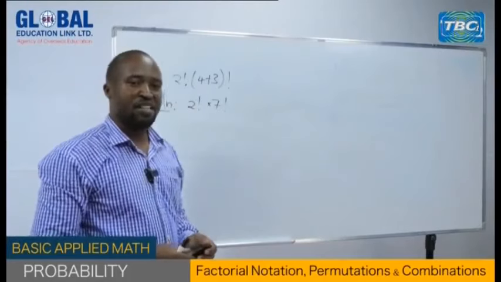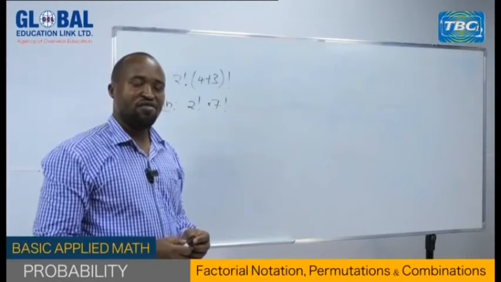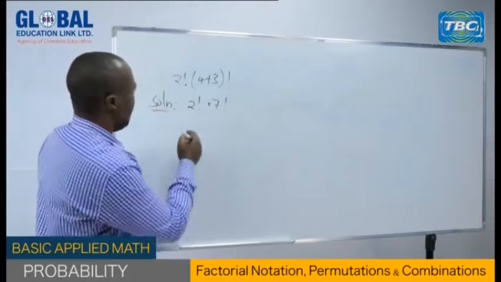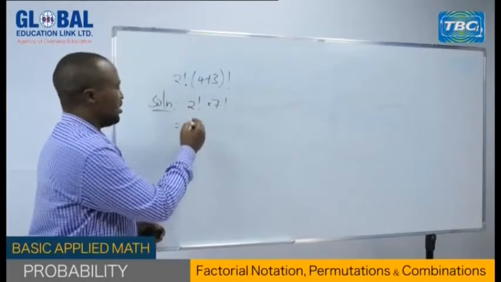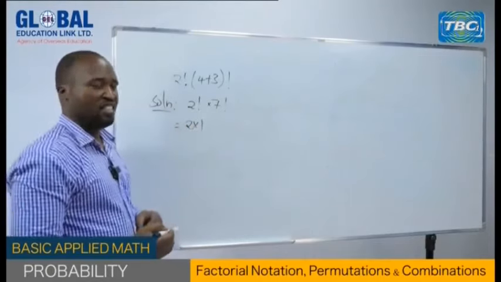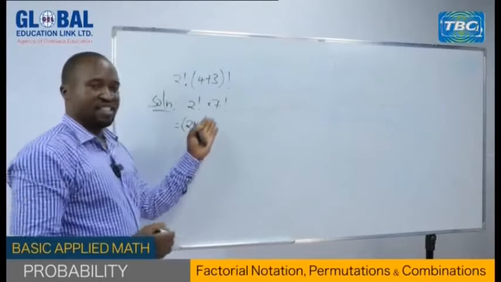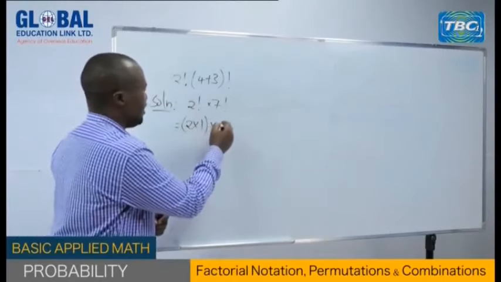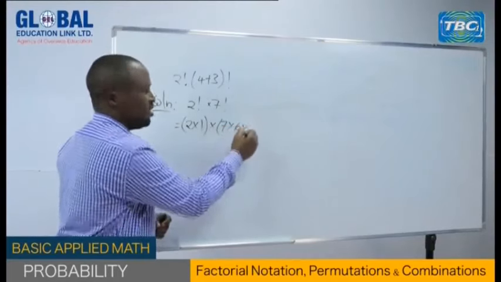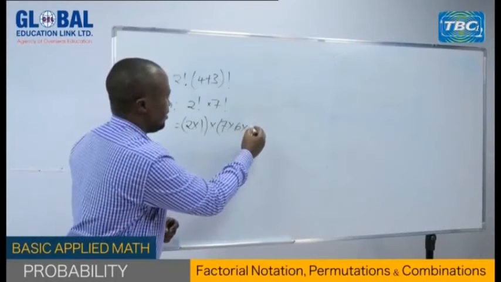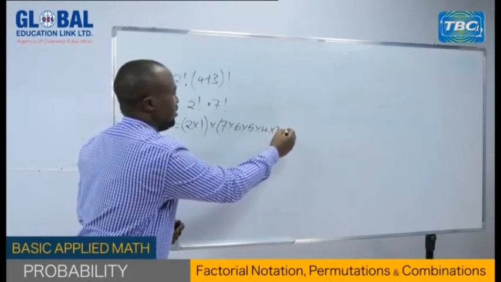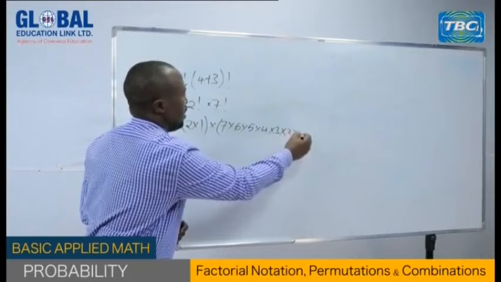Now you can go straight by applying the general formula for factorial notation as already mentioned earlier. This is the same as saying 2 factorial, that is 2 times 1, because the numbers should descend. And for 7 factorial, this is the same as 7 times 6 times 5 times 4 times 3 times 2 times 1.